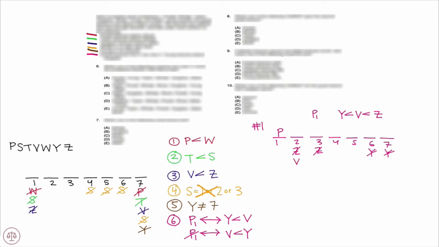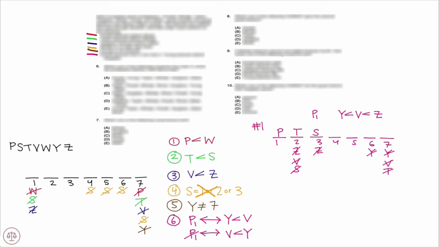V can't be second and V can't be 7th because it has Y before it and Z after it. We know from rule number 2 that S can't be second because T is before it. Likewise, T can't be 7th because S is after it. Rule number 4, remember, tells us that S is either second or third. Well, we know that S can't be second because T is before it, so that means S must be third, and that places T second.